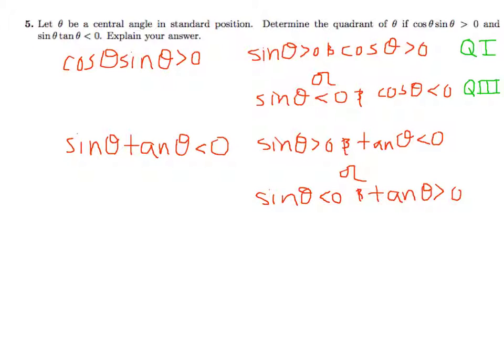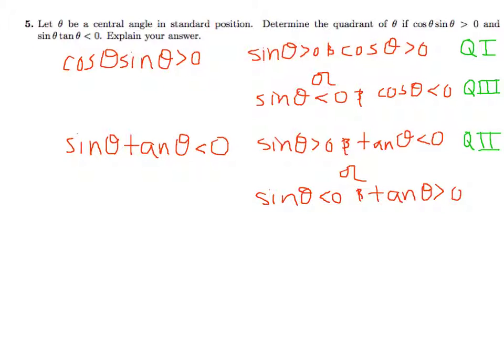So we know with either one of these, if sine is greater than 0, then tangent has to be less than 0 in order for them multiplied together to be less than 0, or the other way around. Sine theta is greater than 0 and tangent theta is less than 0 in quadrant 2. So we're going to write quadrant 2 next to this.